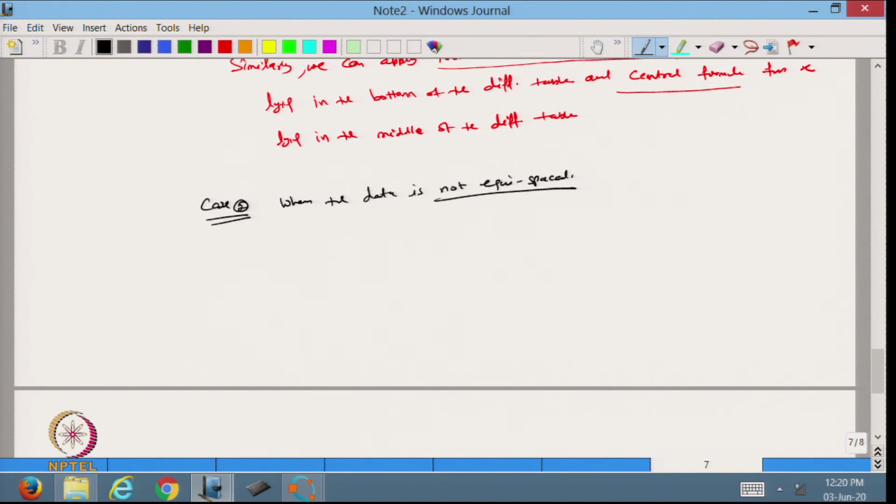So, in this case, if the data is not equispaced, then we know that we can apply Lagrange interpolating polynomial or Newton divided difference formula.